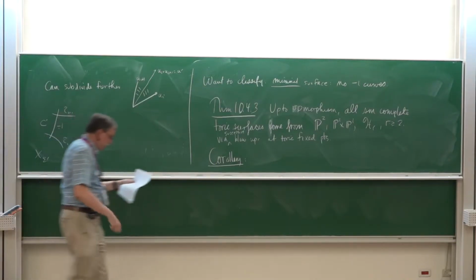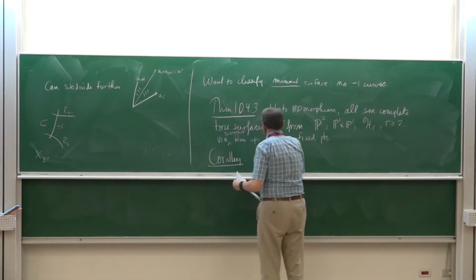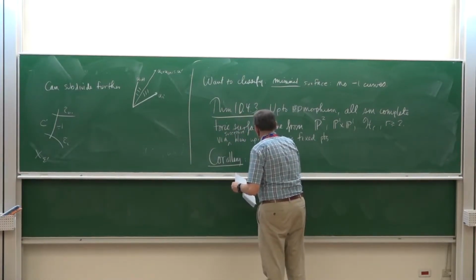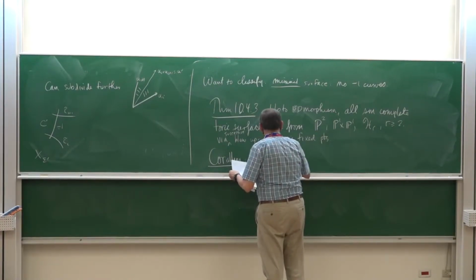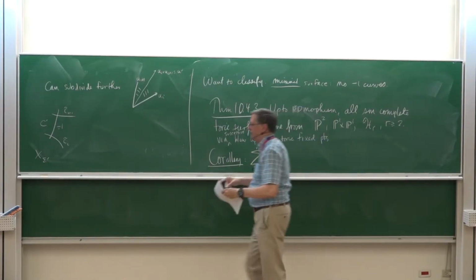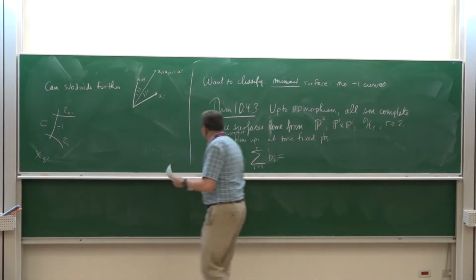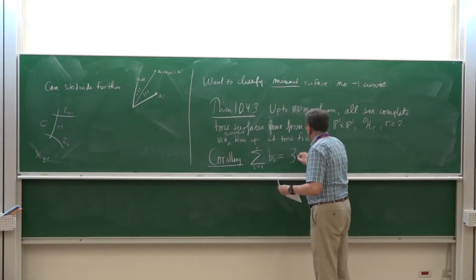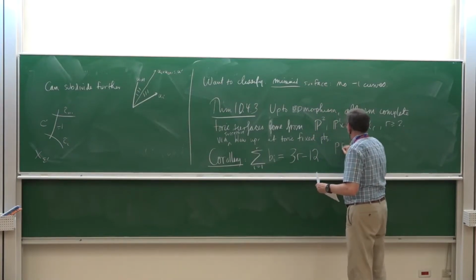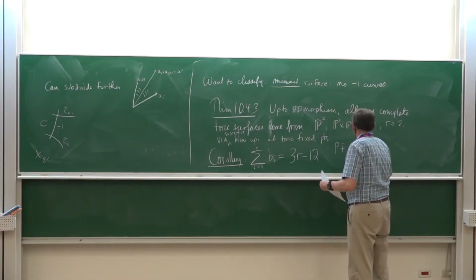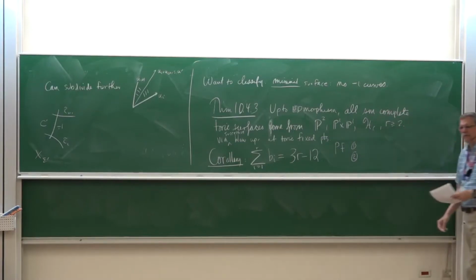And the constraint is that when you add up the BIs, remember there's R of them because there's R rays, then you just get 3 times the number of rays minus 12. And the proof really has 2 steps.